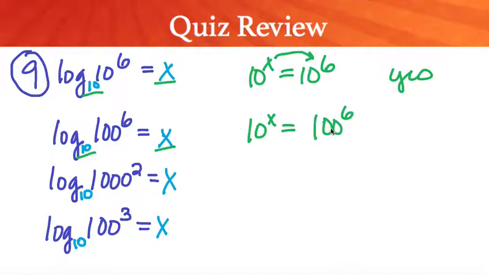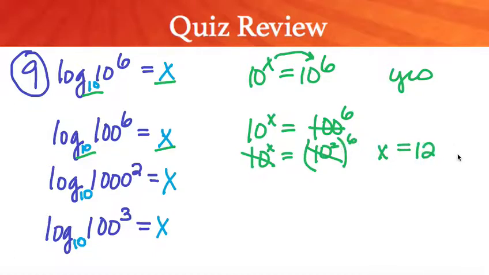That doesn't make any sense. Let me do it again. Let's change this 100 to 10 squared so that the bases are the same, and now I get x equals 2 times 6, which is 12. No, this is not equal to 6.